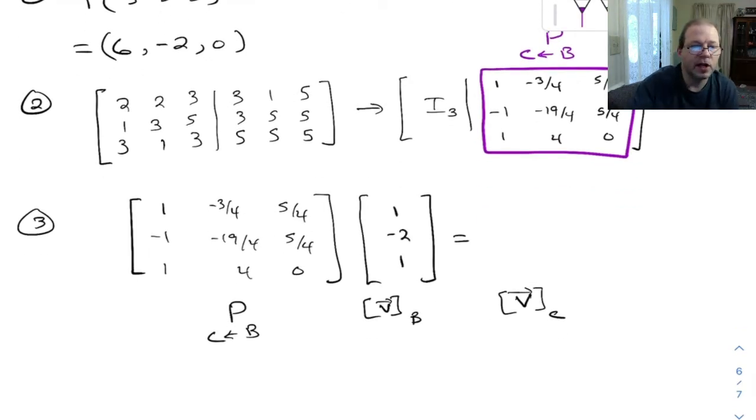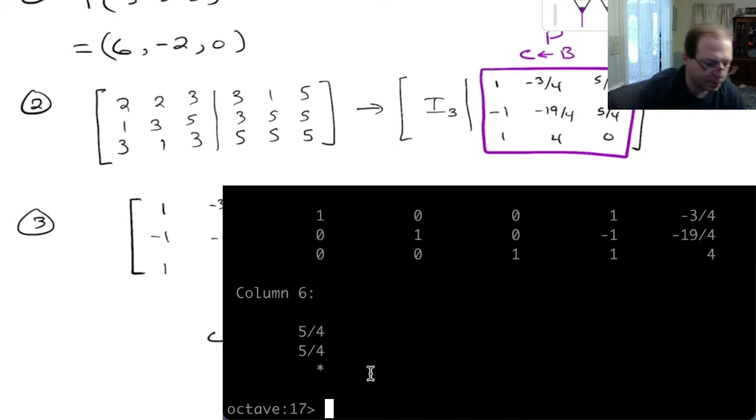All right, let's use Octave to do this. Interesting thing with Octave, I'm going to take this matrix, the RREF of M, I'm going to call that P. Now the problem is P is 3 rows by 6 columns. There are ways you can use Octave to extract parts of a matrix.